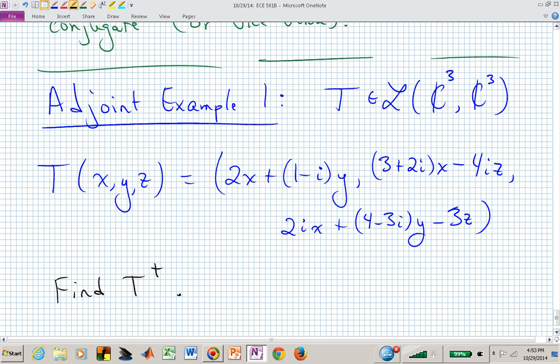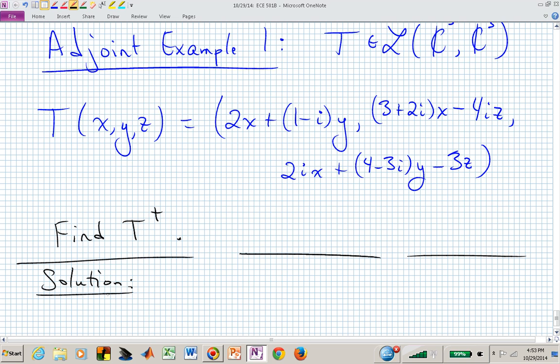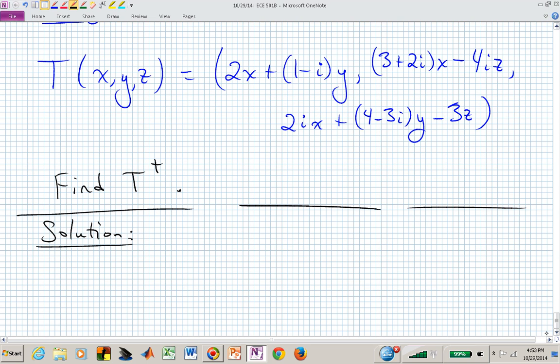The comment was, let's find the matrix first, and then we can complex conjugate transpose that matrix, and then from the matrix we can find what the adjoint linear map looks like. Is that clear? Now for the solution, let's first find the matrix representation of T.